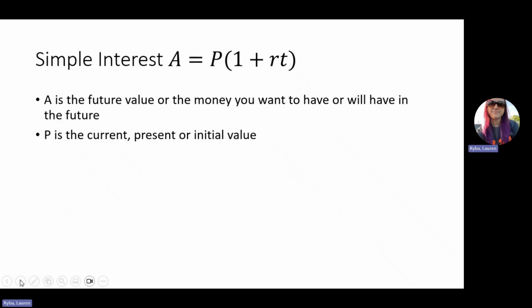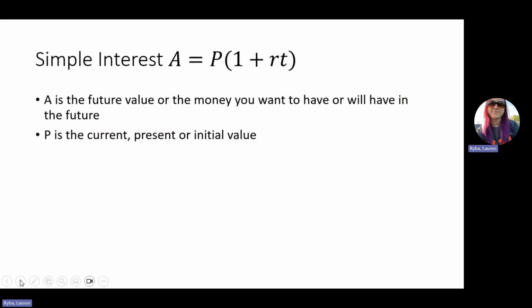A is the future value or the money you want to have in the future. So it's either going to be the amount you want to have in the future or the amount that will be in the future. And P is our current or present or initial value. R and T are still the same, the interest rate and time in terms of years.